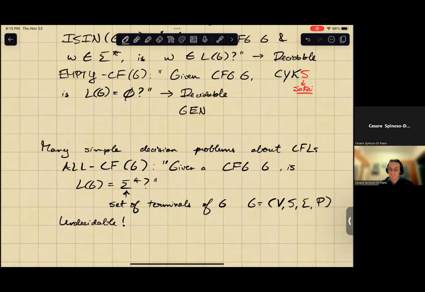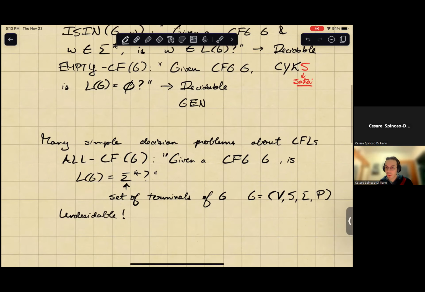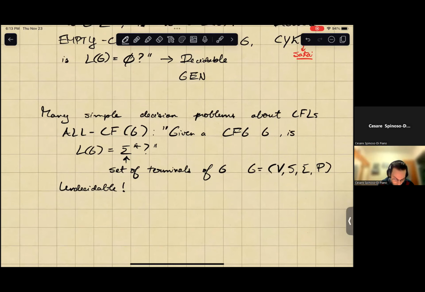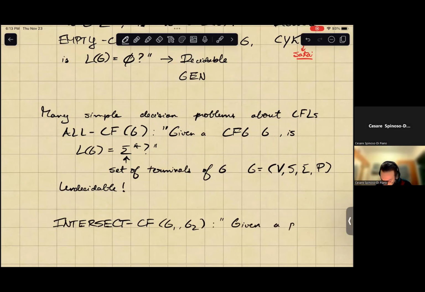There's also another very simple decision problem about context-free languages known as the intersect problem. So the intersect CF problem is parameterized by two context-free grammars. And it asks, given a pair of context-free grammars G1 and G2, is the language generated by G1 intersect the language generated by G2 not equal to the empty set?